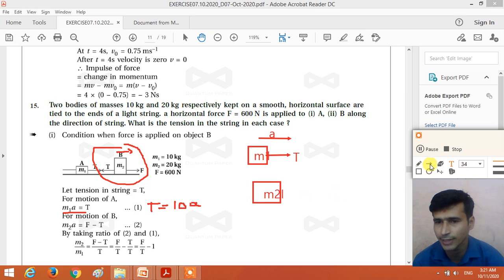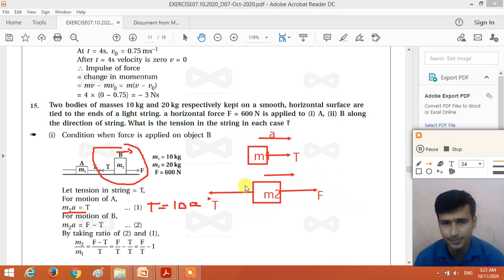The forces acting on the second block are a force F in this direction, and another force, the tension force, in this direction. And the acceleration produced in the block is in this direction. Here the force F is greater than the tension force, so the acceleration is produced in the direction of the external force.